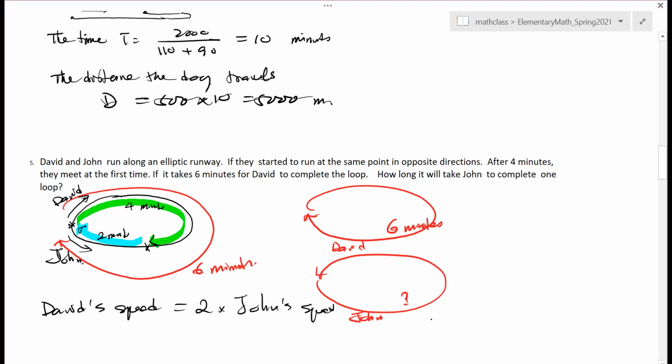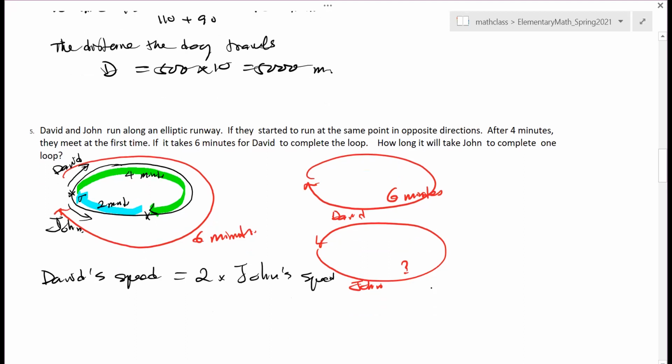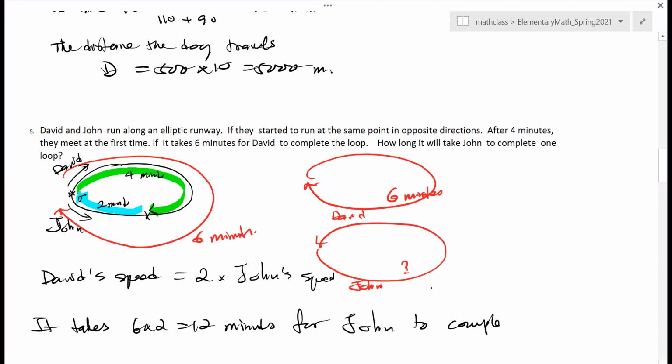So if it takes David 6 minutes to complete the loop, it takes John 6 times 2, 12 minutes to complete the loop.